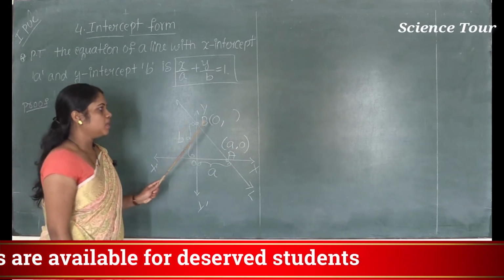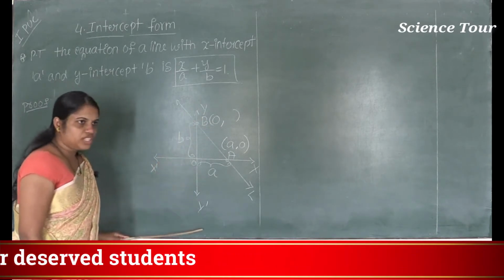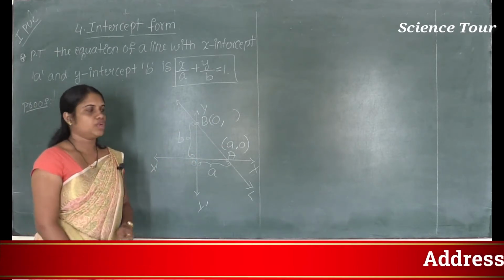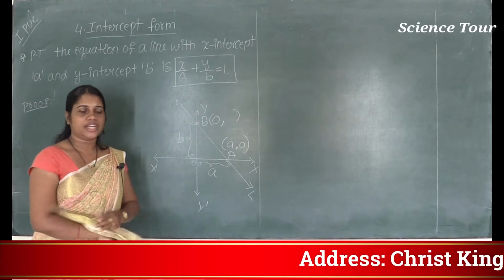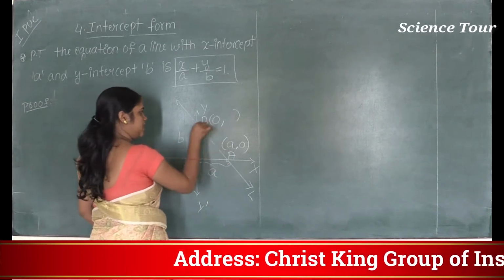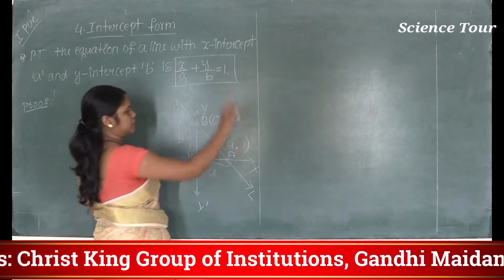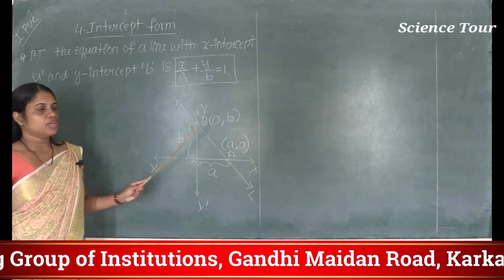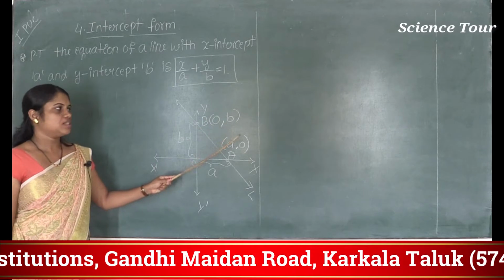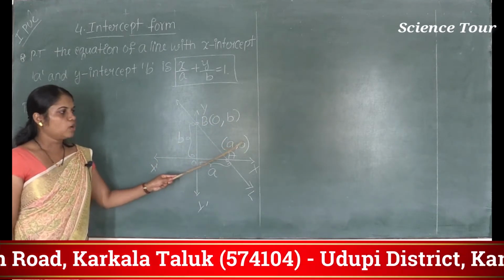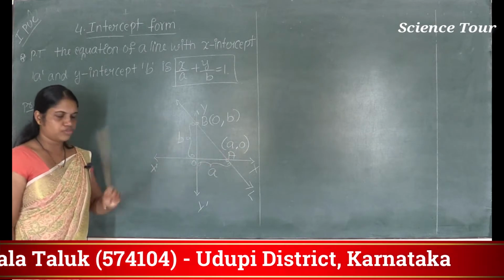Remember, a point which lies on the y-axis has its x-coordinate equal to 0. Then what about its y-coordinate? Its y-coordinate will be its perpendicular distance from the x-axis, that is b. So therefore 0 comma b is the coordinate of this point B. And a comma 0 is the coordinate of this point A.